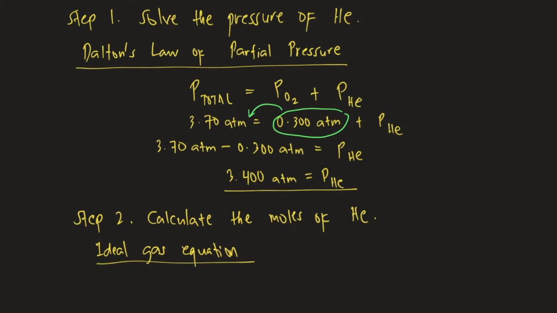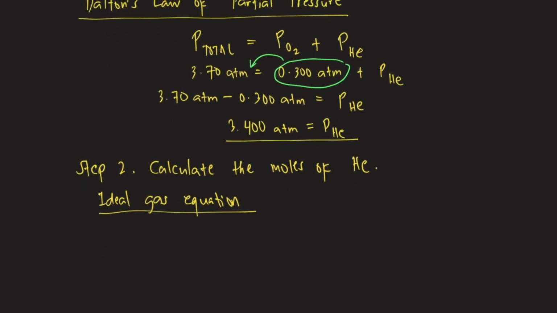If you can recall, the ideal gas equation is PV equals nRT. So P is pressure, V is volume, n is the number of moles, R is the gas constant, and T is the temperature. So we will solve for the number of moles, so we are solving for n.